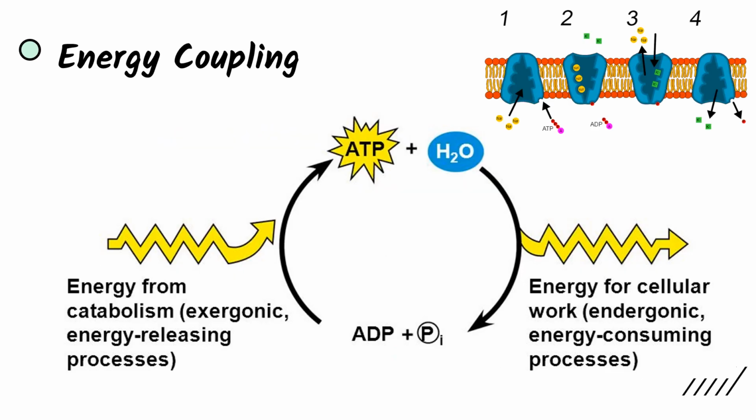So here we're going to take a look at a diagram of energy coupling and some examples. Energy coupling works in the sense that energy from catabolic reactions, exergonic energy-releasing processes, is then used to form ATP. And then once this ATP is hydrolyzed, water is added, and the energy for the cellular work is released.